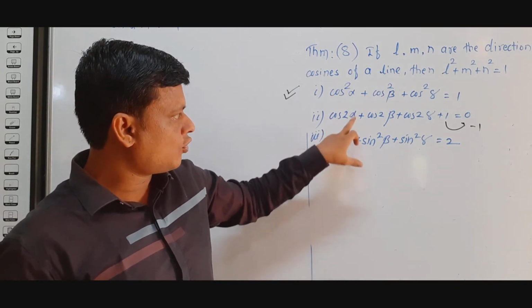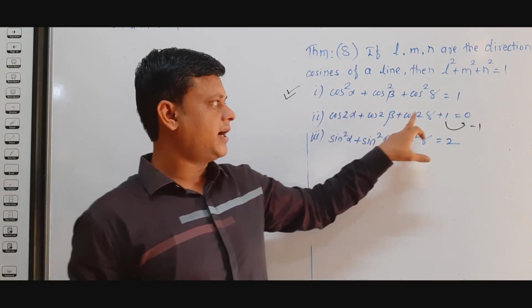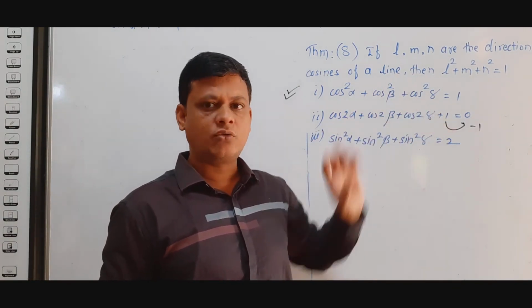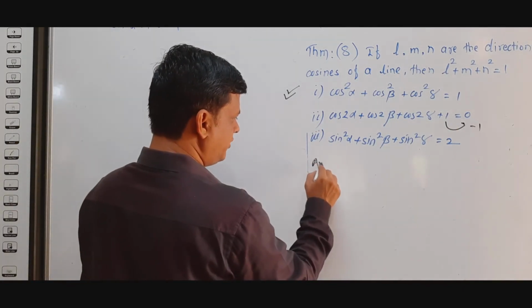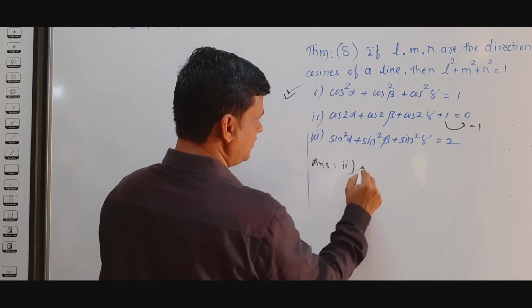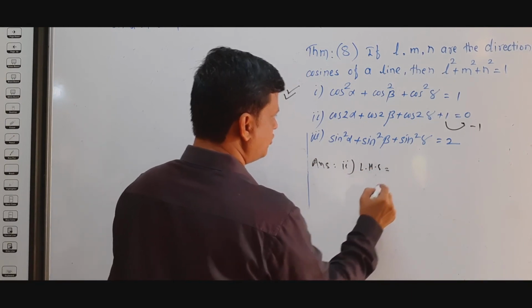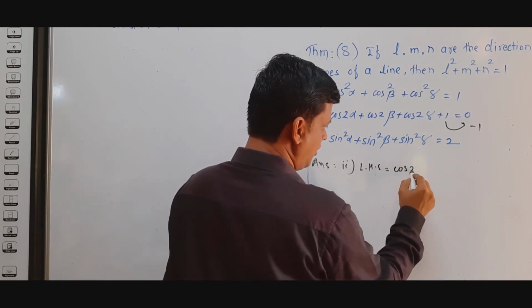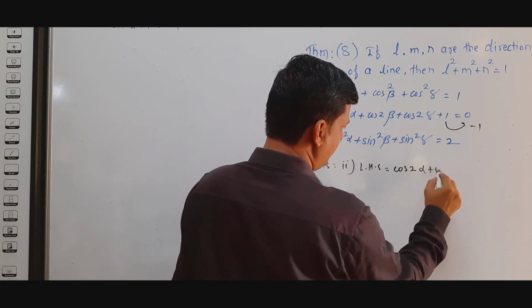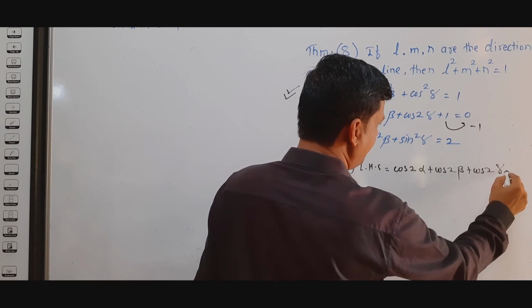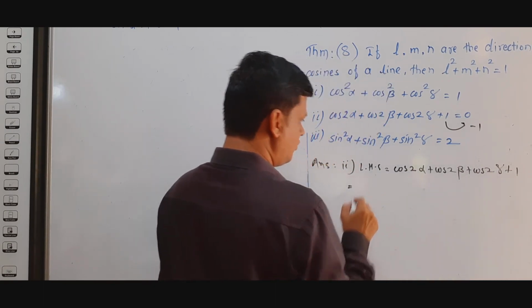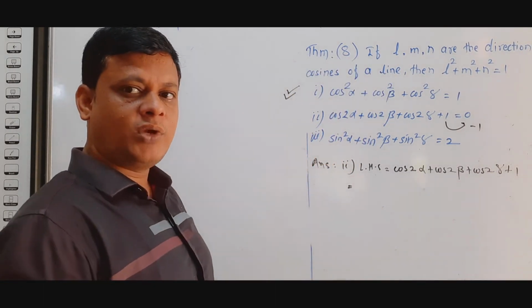We have to show cos 2 alpha plus cos 2 beta plus cos 2 gamma plus 1 equals to 0. So we consider here the LHS. So we write the answer of the second. LHS is equal to cos 2 alpha plus cos 2 beta plus cos 2 gamma plus 1. So we use here the double angle formula.